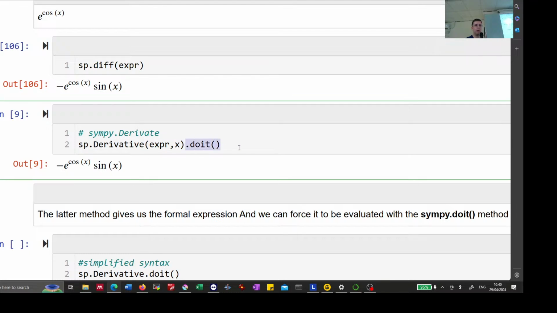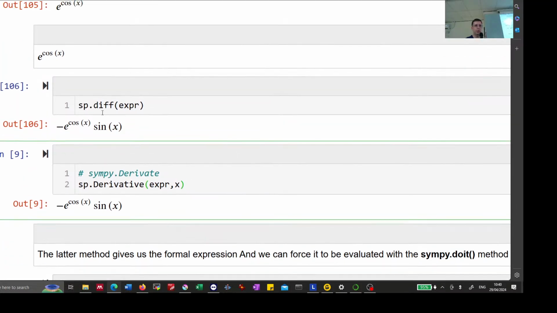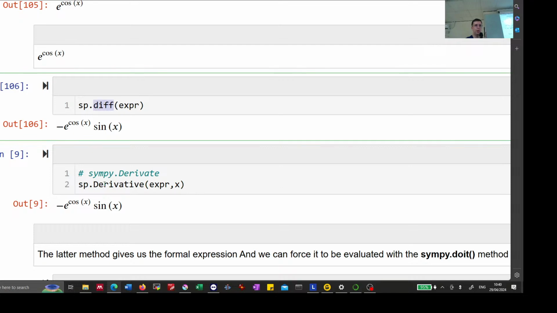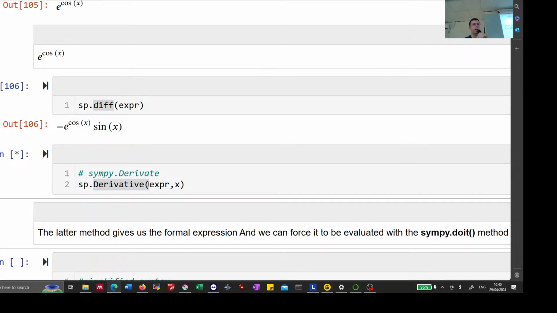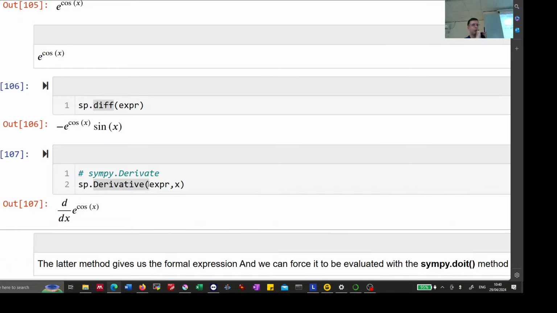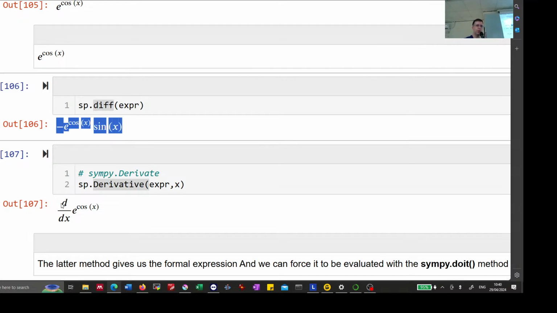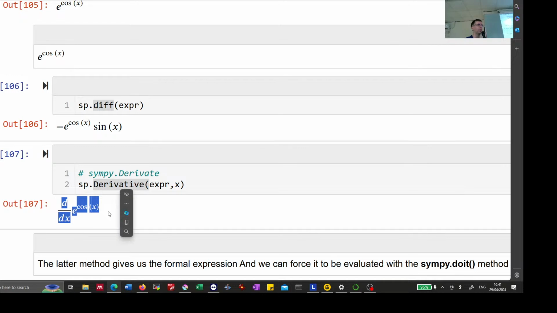Yes? Very good. But now we look into the difference between diff, for differentiate, and Derivative. When I call simple Derivative, pass the expression and the variable I want to look into, then I get that. Is this the derivative? Kind of, but this here is also the derivative.